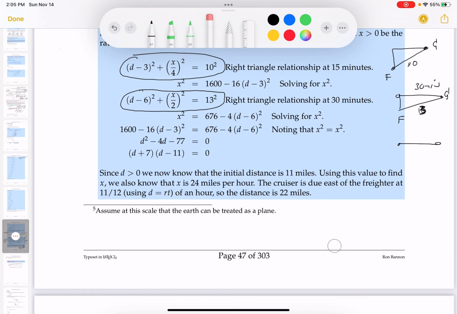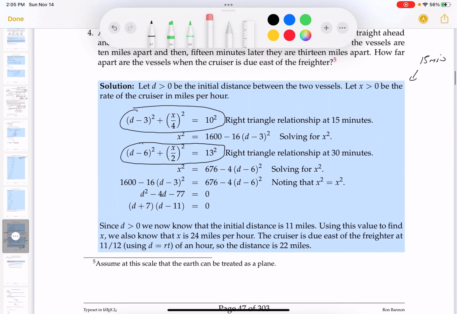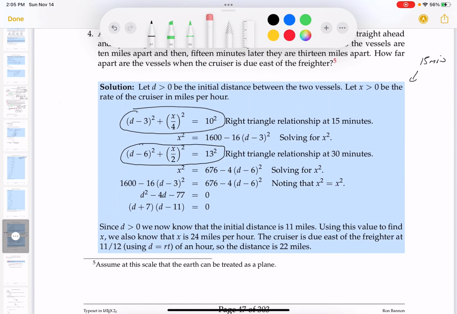And remember, x is the rate that the cruiser's going, and d is the distance initially between the cruiser and the freighter when he first spots them.